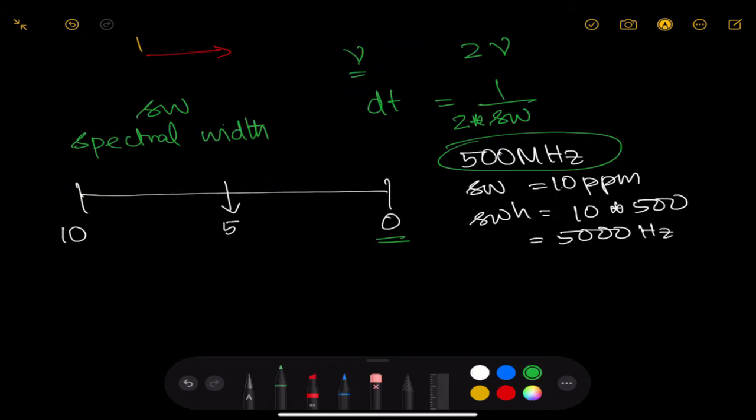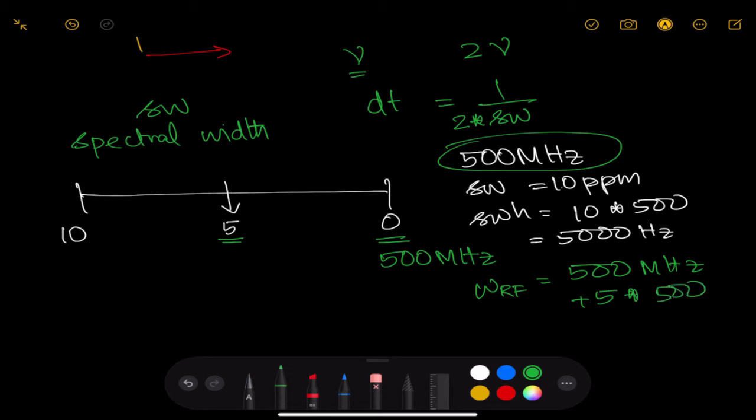So therefore, you know that the 0 ppm here corresponds to 500 megahertz. On the other hand, if you set the carrier at 5 ppm, it indicates that in this example, omega RF is set to 500 megahertz plus 5 times ppm, which is 5 times 500. This will be nothing but 500.25 megahertz.